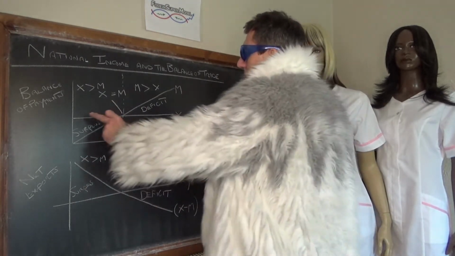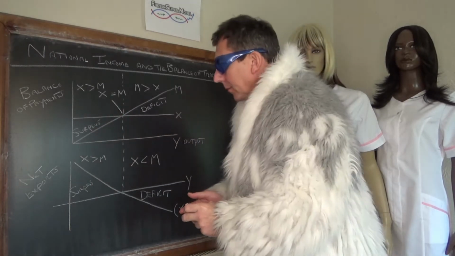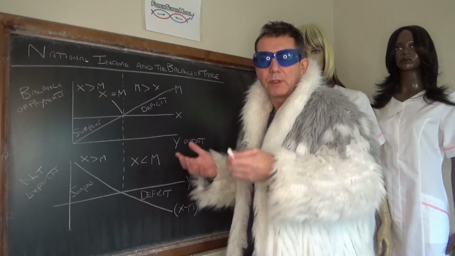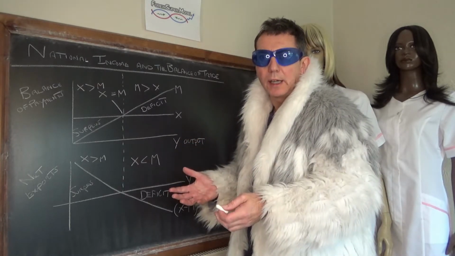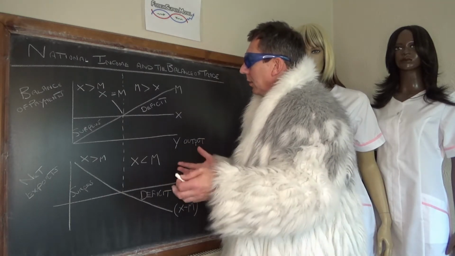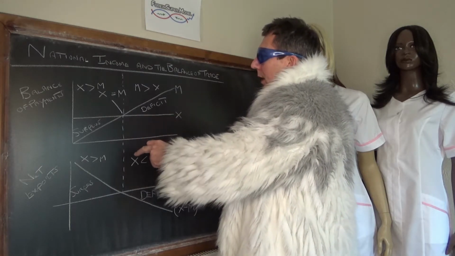So here we can show the value of exports as a horizontal line. In the model it's believed to be exogenous, or autonomous, which means it's not a function of income and it's outside the model.